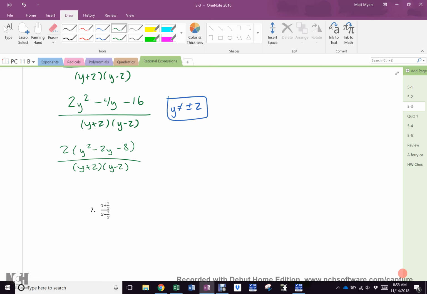Yep. Factor again. 2 times y plus 2, y minus 4, right? Over y plus 2, y minus 2. What can I do with that? Cancel what? Cancel y plus 2. Y plus 2 and y plus 2. Leave me with a final answer of 2 times y minus 4.